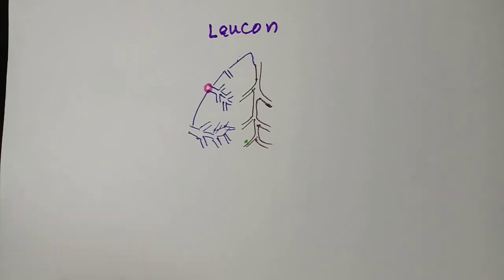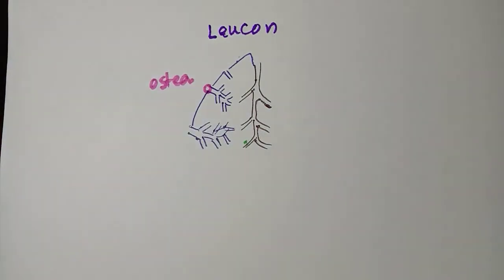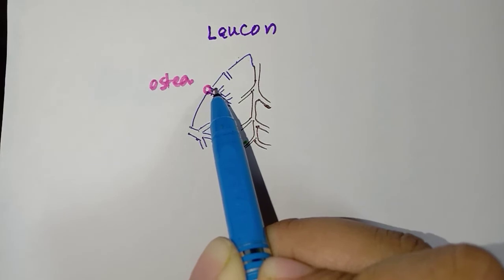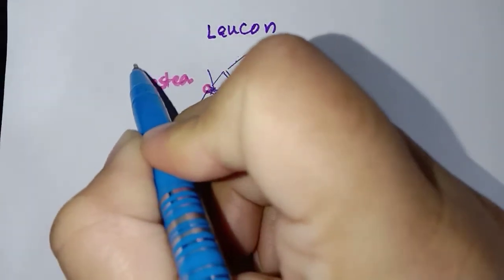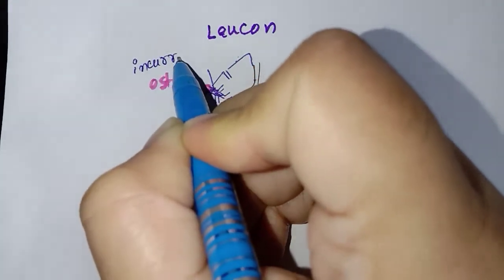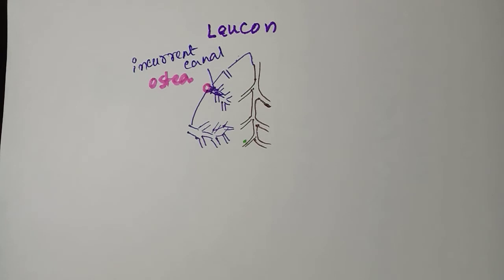What is that? This is the ostia. With the help of the ostia, the water will enter into the incurrent canal. So this is the incurrent canal. With the help of this incurrent canal, the water will enter inside the body.